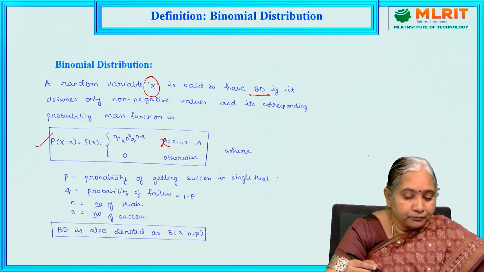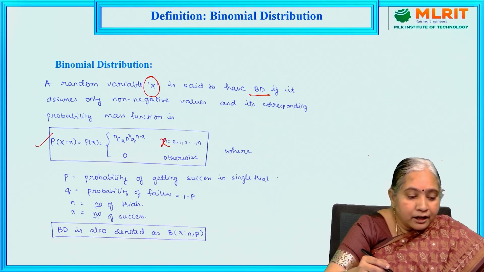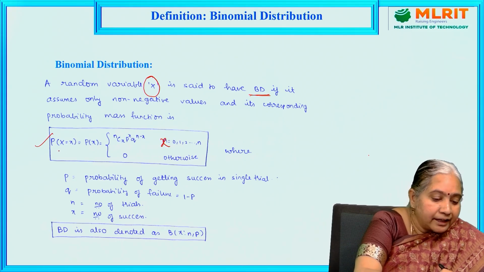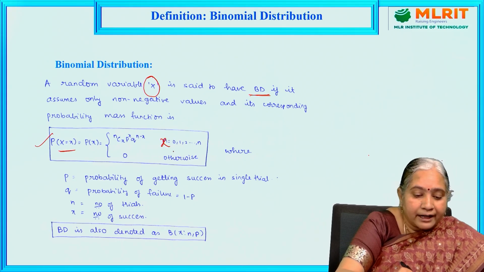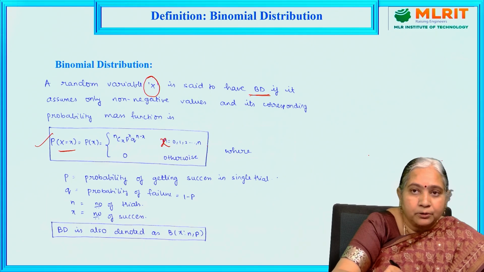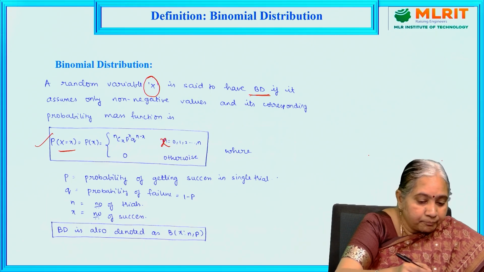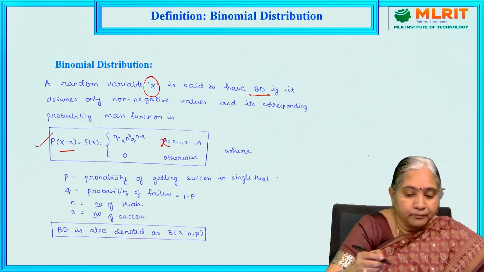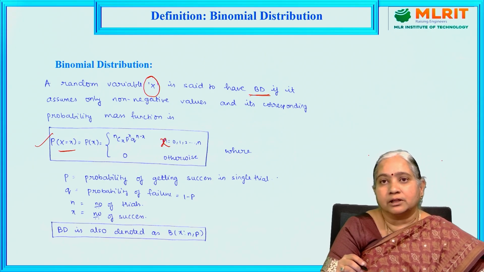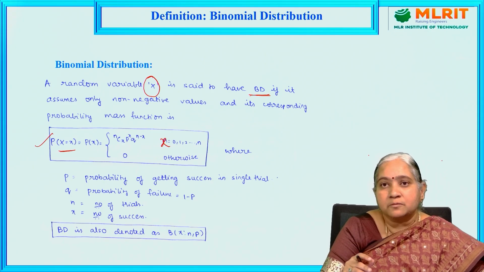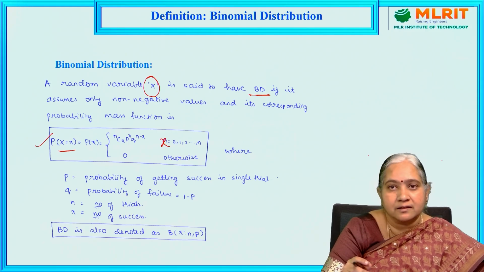So here in binomial distribution, x takes only a finite number of values, 0 to n. So what is x, what is n, what is p, what is q? In a random experiment, we already know that the set of all possible outcomes is the sample space.